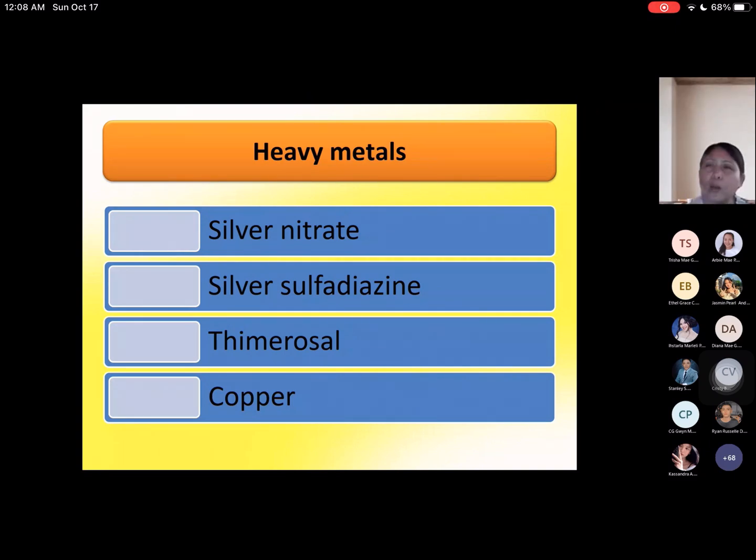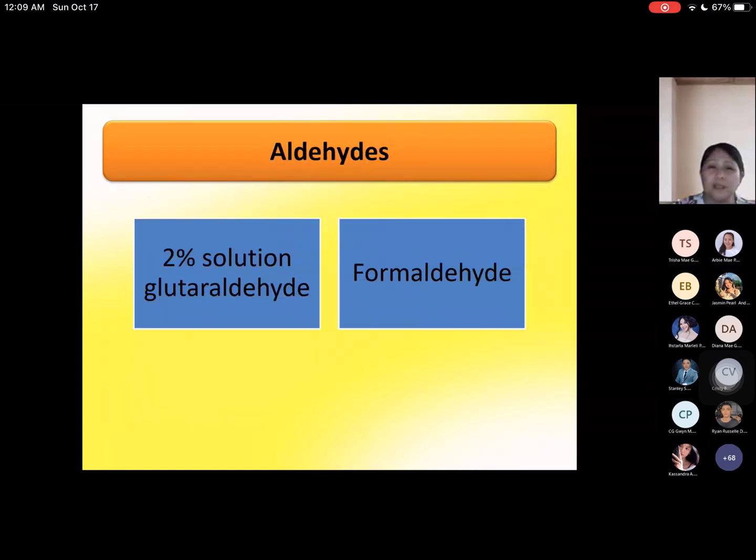It's like the banga, the clay water jar, we had in ancient times. In India, their water reservoir is made of copper, which inhibits growth of algae and other microorganisms. So these are examples of heavy metals.